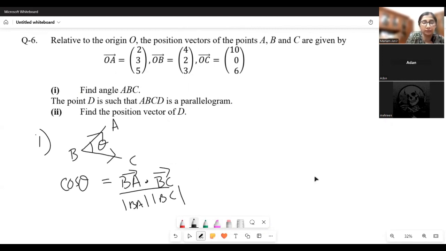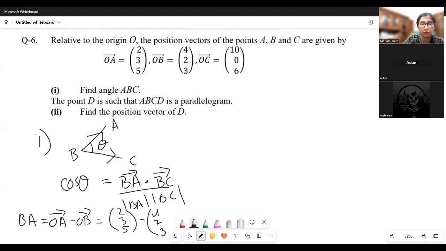Now we need BA and BC. So BA is OA minus OB, which is 2, 3, 5 minus 4, 2, 3. So that's -2, 1, and 2. Similarly, we need BC, which is going to be OC minus OB.